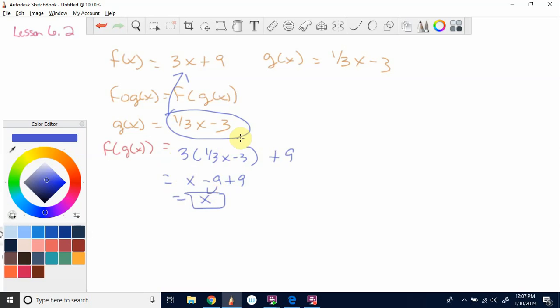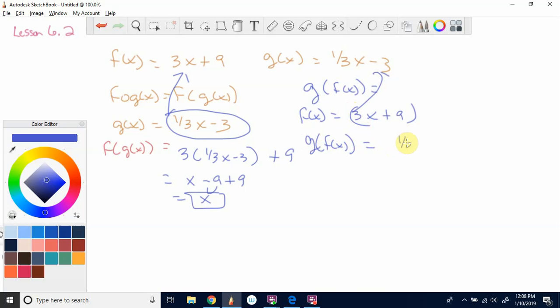So far I'm good. I can't stop there. I must go back and do g of f of x. So I start with f of x, which equals 3x plus 9. I'm going to do g of f of x, plugging it into here.